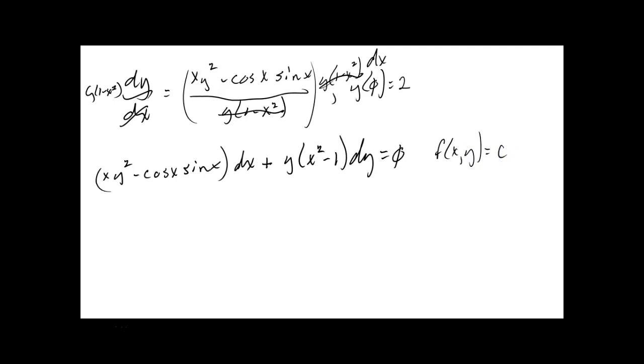And we're wondering, the partial of that with respect to y should be this thing. So we're saying the partial of f with respect to y, we're hoping is going to be this thing right here, y times x squared minus 1.